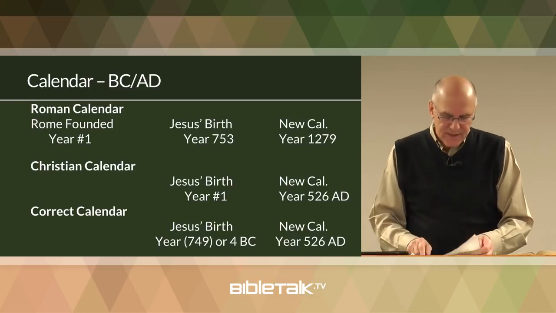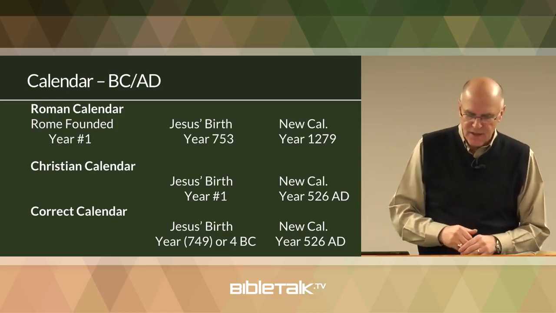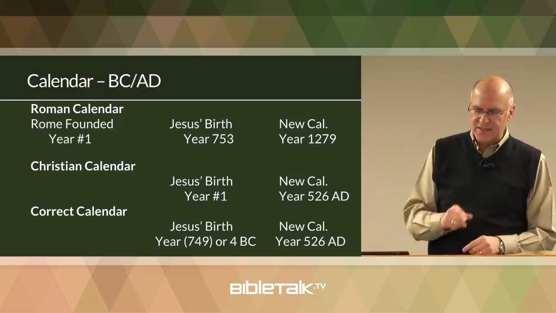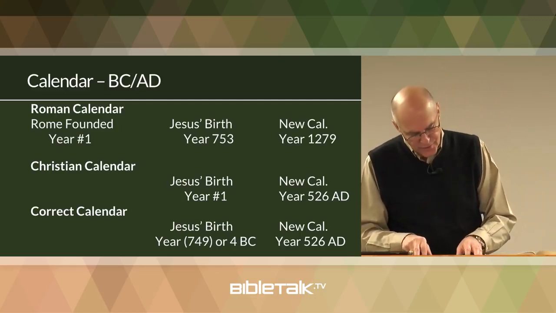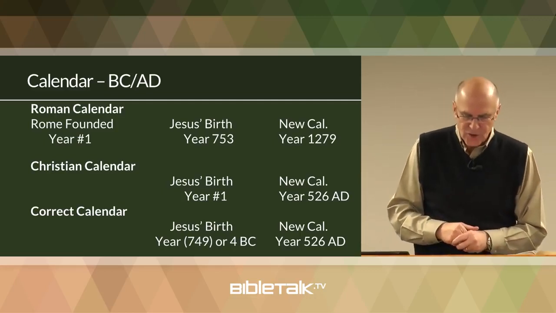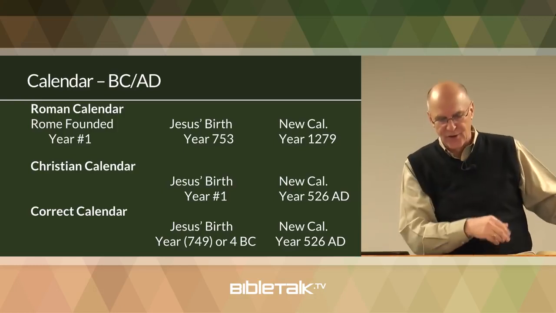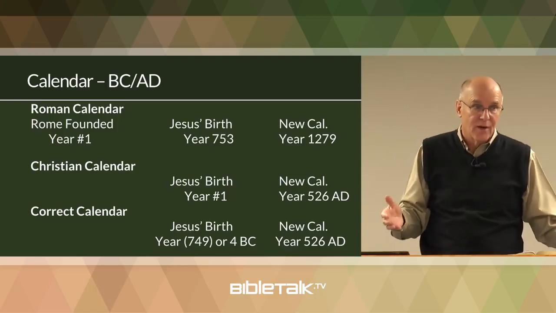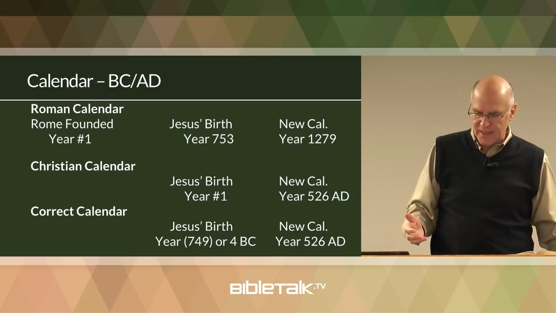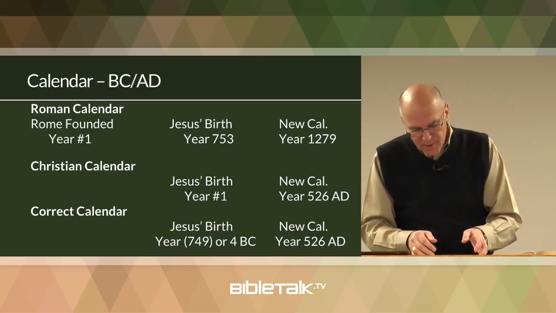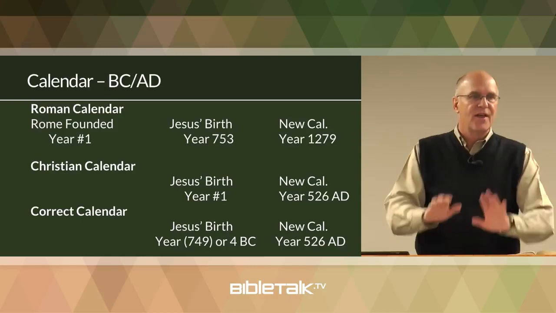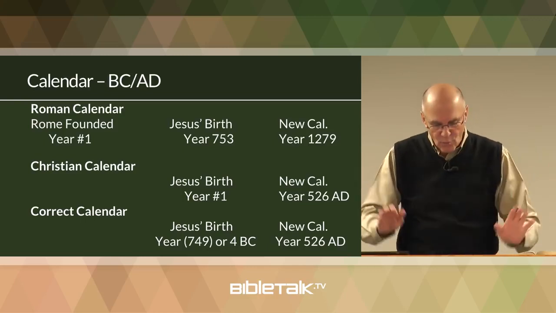To complicate things even further, it was discovered that their calculations as to the year of Jesus' birth was in error. He was actually born in the year 749 Roman calendar, not 753 Roman calendar. See what I'm saying? But since the change had already been made to the new calendar, they just left everything as it was.